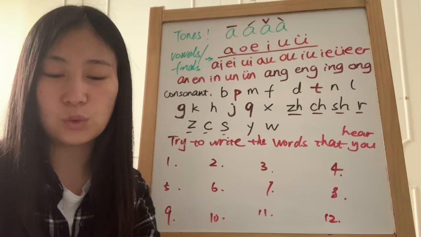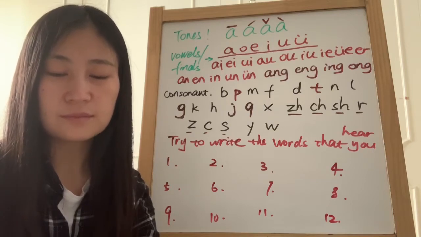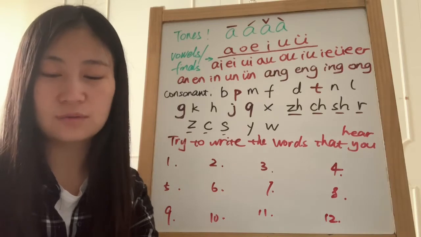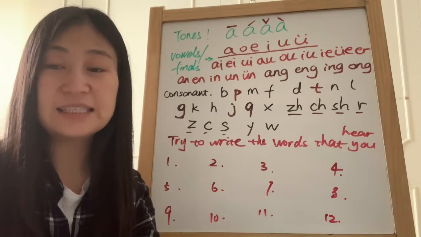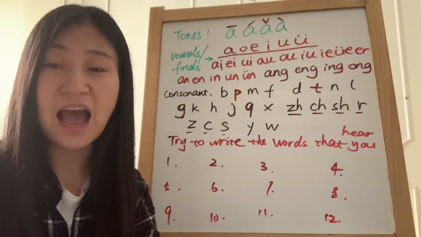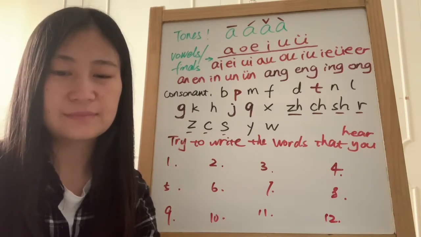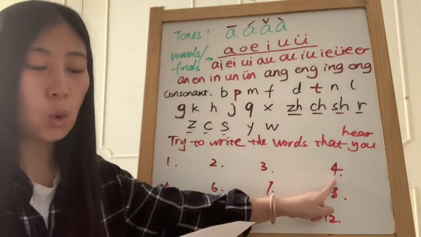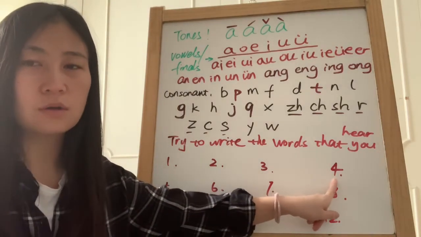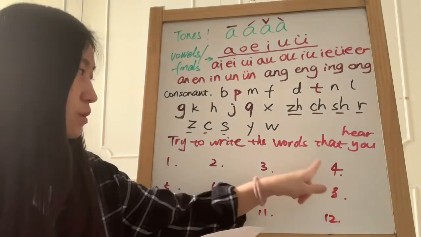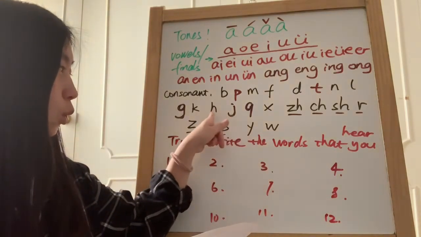The third one, 尖叫. Number 4, 户口. Remember which one is which?